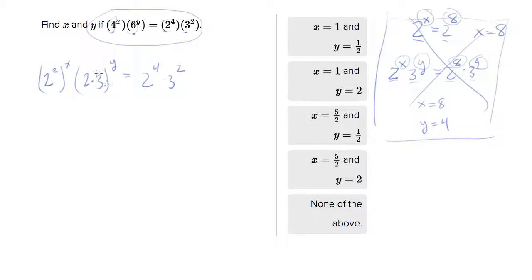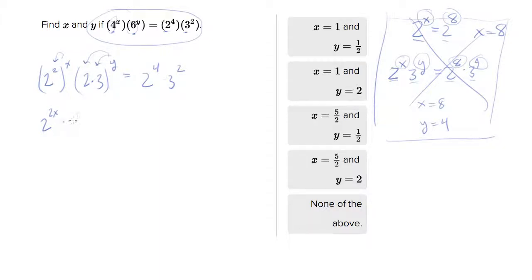So we're getting closer. We can't quite read it off yet. I want to simplify these exponents. So remember, if you have an exponent raised to an exponent, you can multiply. So this is the same as 2 to the 2x. And you can also, if you have something multiplied with an exponent, you can distribute it.